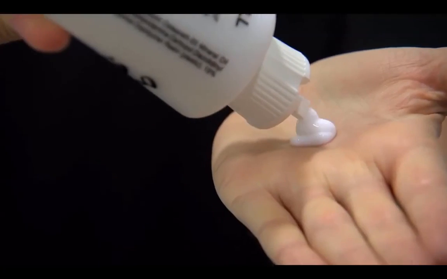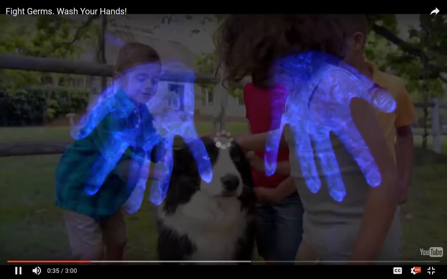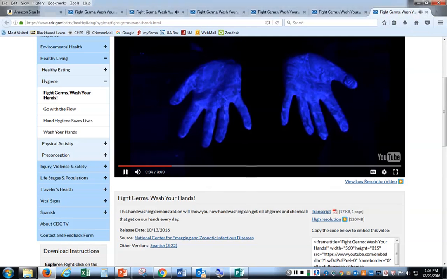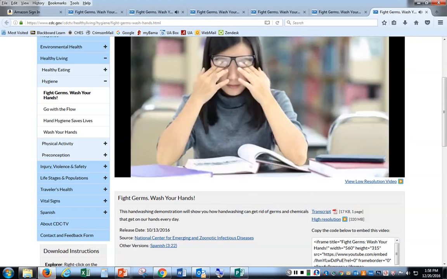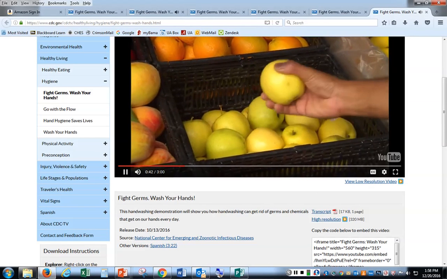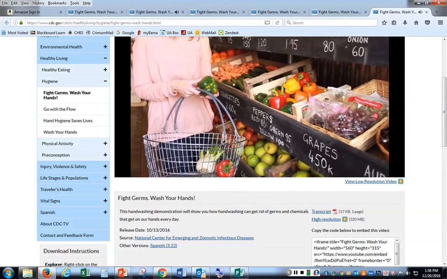This gel is like the germs and chemicals that we get from things we touch throughout the day. Like our toys and pets. If we then rub our eyes, nose, or mouth, or pick up something to eat, the germs or chemicals can get into our bodies and make us sick.